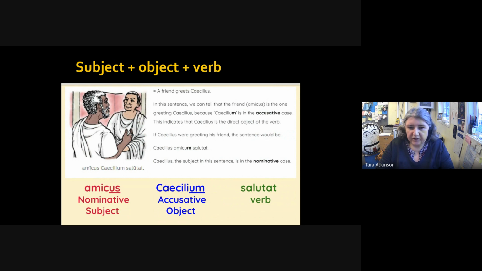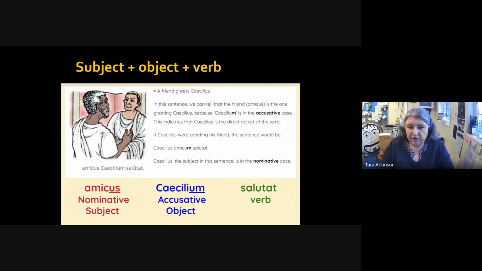So in Latin, we call the noun doing the action, the subject of the sentence, the nominative case. And that's the word that you would see in the dictionary. So amicus is the word you would see in the dictionary. That's the nominative. He is doing the action. The action is right at the end of the sentence, like many other languages. Salutat, he is greeting.